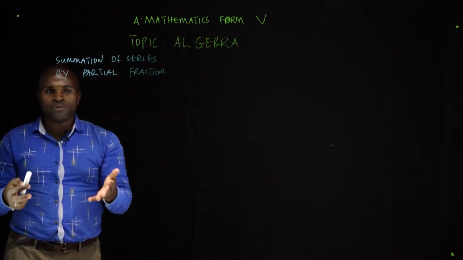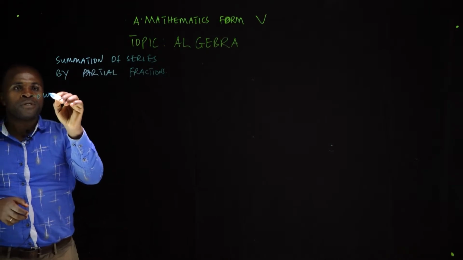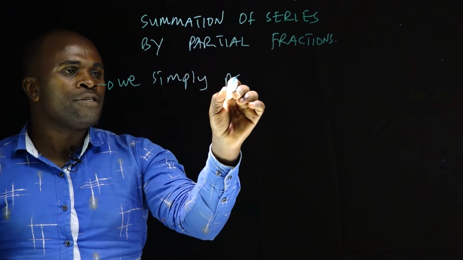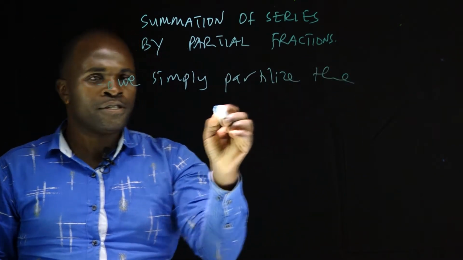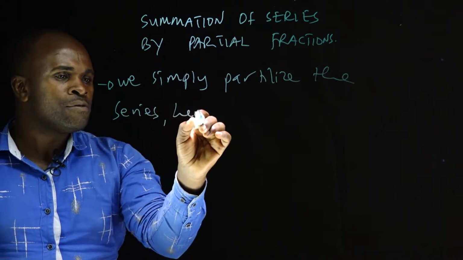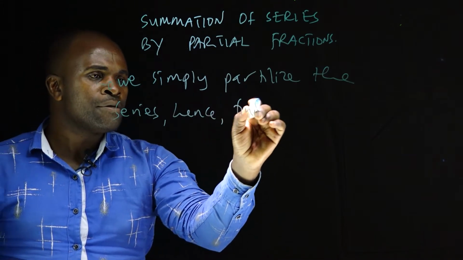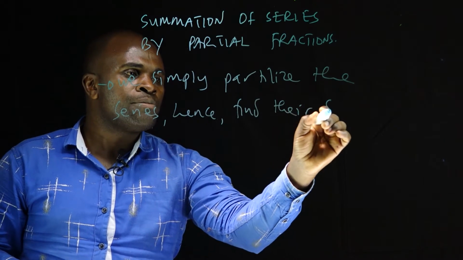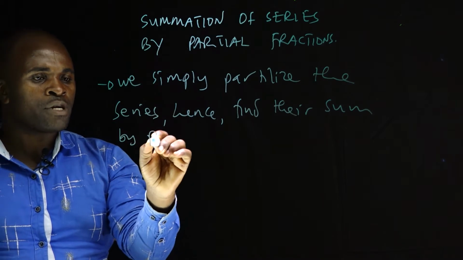How do we find their sum? We simply partialize the series, hence find their sum by partializing.